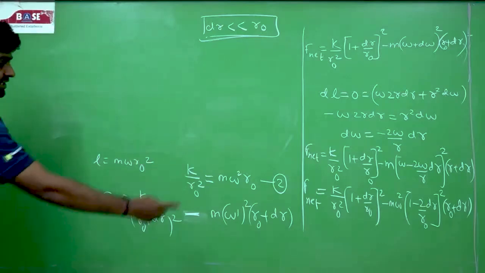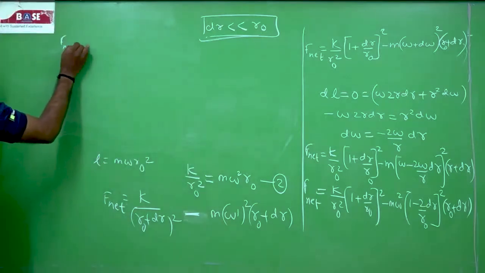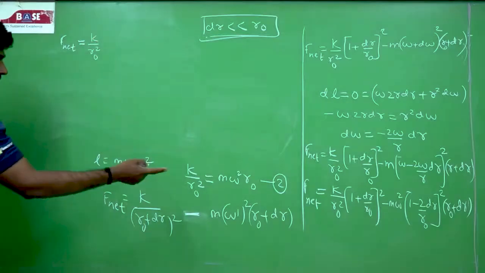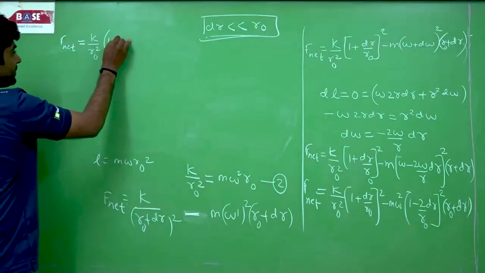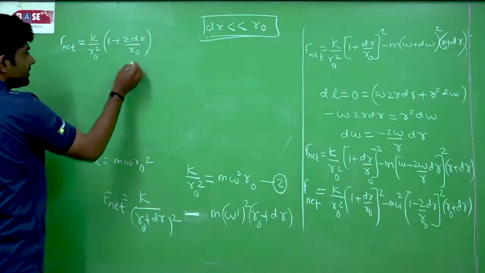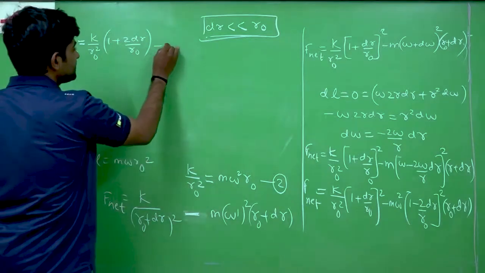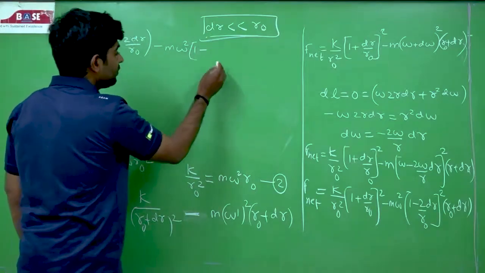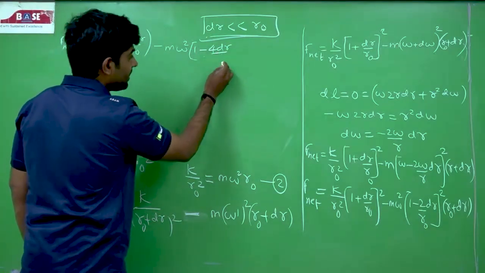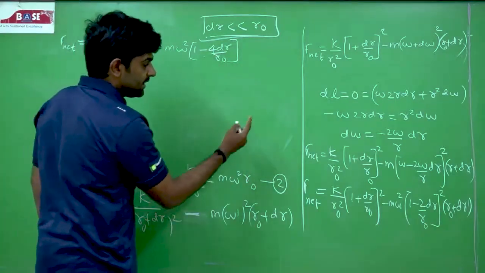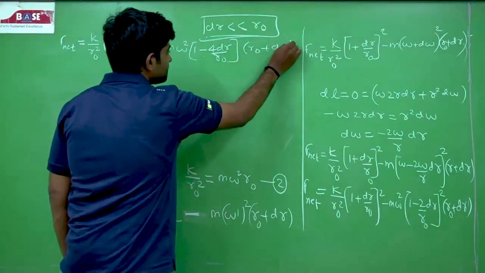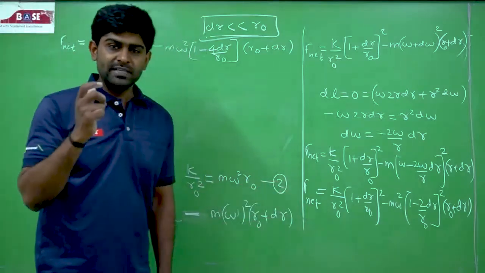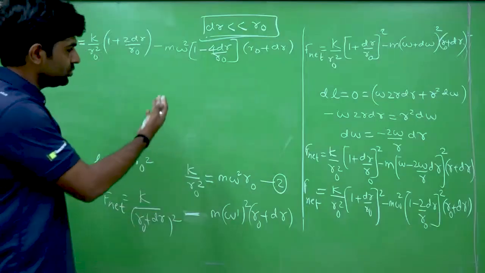Now F net is given as k by r naught square, using binomial approximation, times 1 plus 2 times dr by r naught, then minus m omega squared times 1 minus 4 times dr by r naught, then times r naught plus dr. Until this point you should be careful. From here on, this mathematical manipulation you will get.